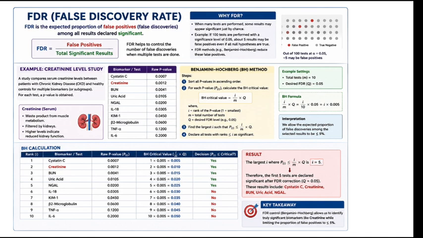To find the false positives, there is one method called the BH method. How are they calculated? Initially we rank the significant values.